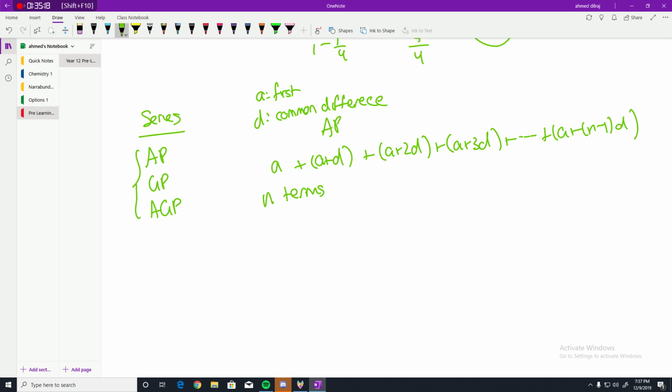So for now I'm just going to call this S. The first thing we're going to do is rewrite S in a different way. S is equal to a plus (n minus 1)d, plus a plus (n minus 2)d, plus a plus (n minus 3)d, plus a plus (n minus 4)d, and so on, plus a.